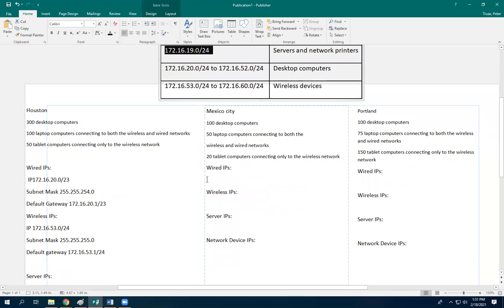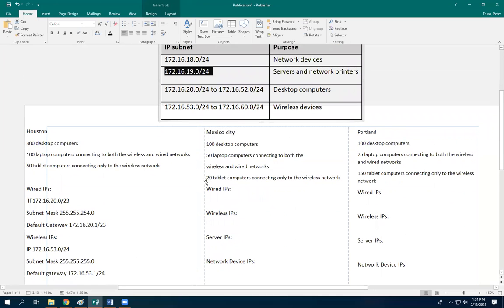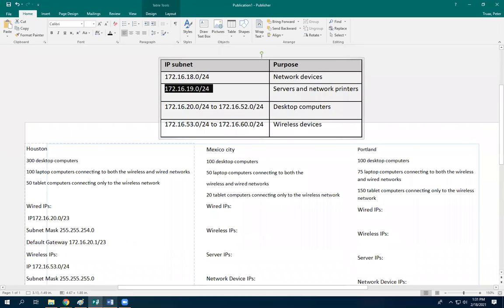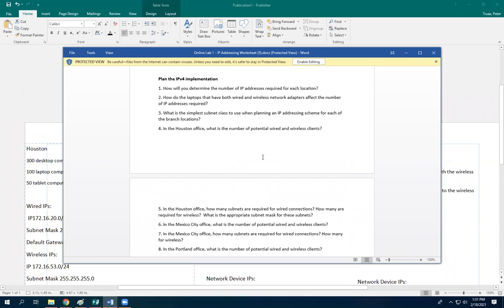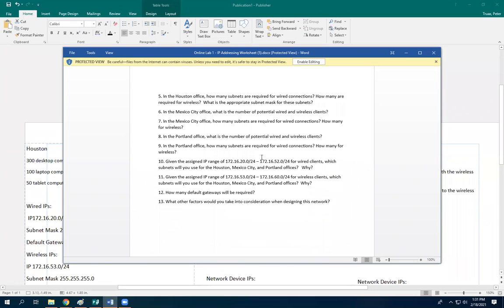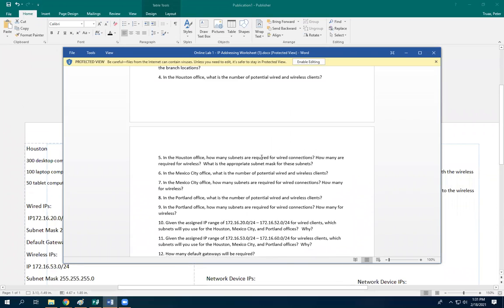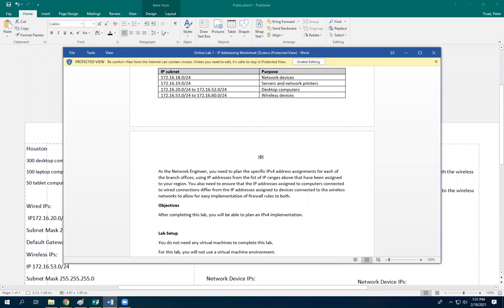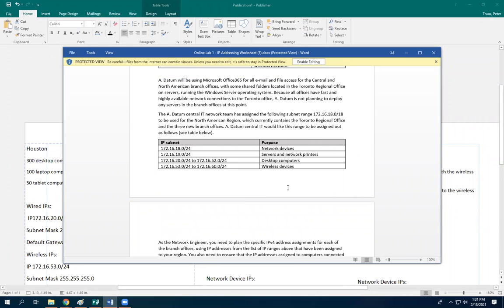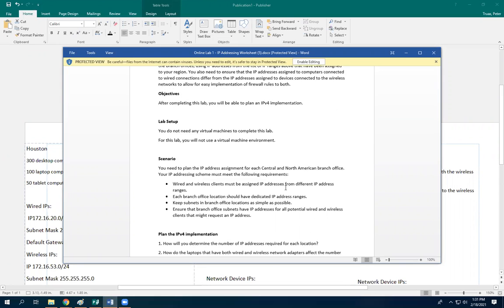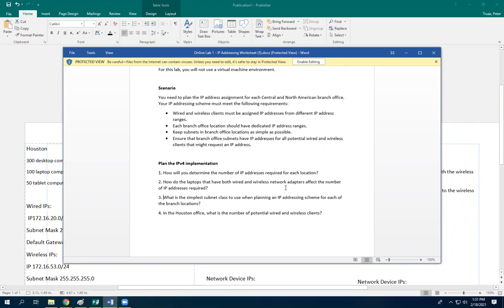It doesn't really tell us how many servers we're going to need. Actually, it probably doesn't even mention them in here. So we're not going to worry about it. It's extraneous information in the instruction sheet because I don't see it.